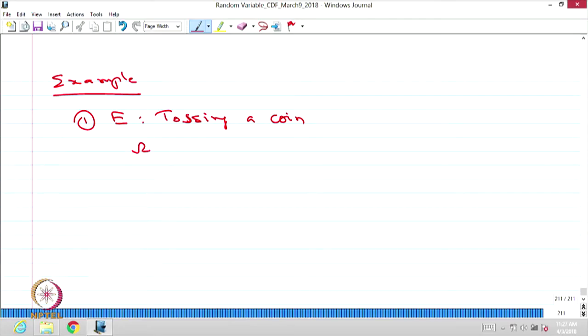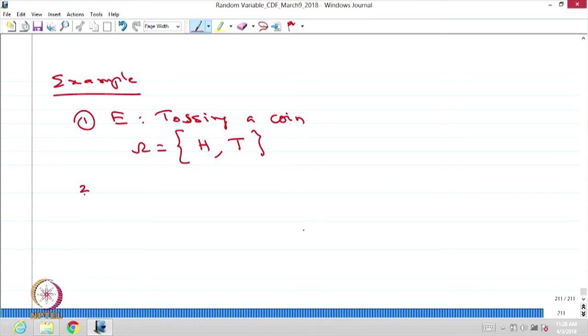The set of all possible outcomes in this random experiment is going to be: I use the notation H for obtaining a head, and similarly, I use capital T for getting a tail. That means the only two possible outcomes are head or tail. So this is the collection of all possible outcomes in this random experiment.